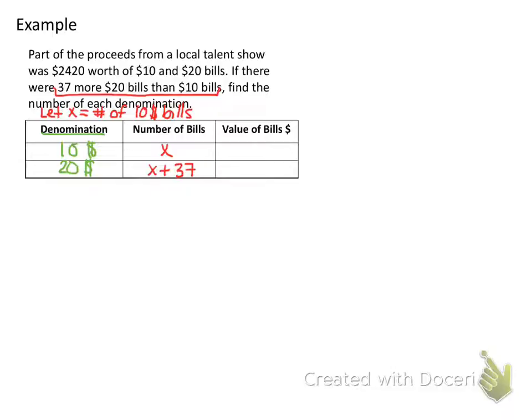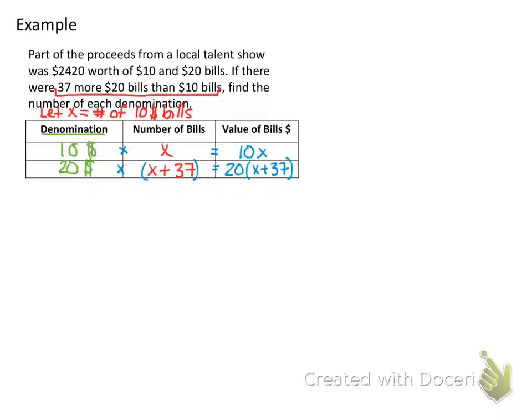Okay, so the value of those bills would be the denomination times the number of bills gives you the value. So that would be 10x. And again, times, this is going to be in parentheses here because we're going to multiply all of it. So it gives me 20 times x plus 37.